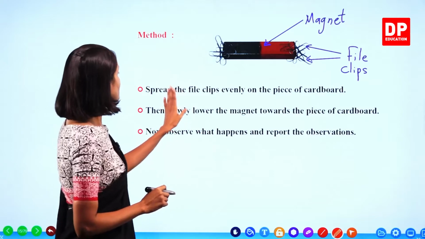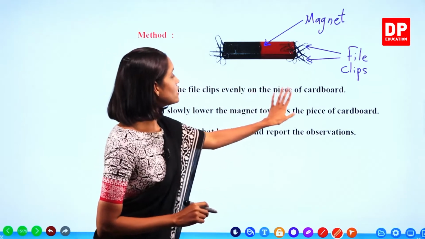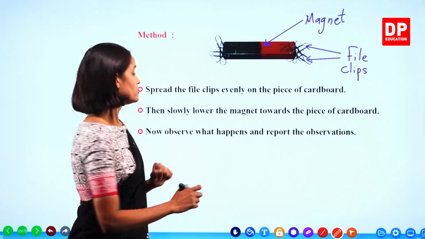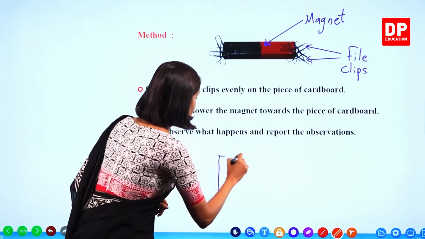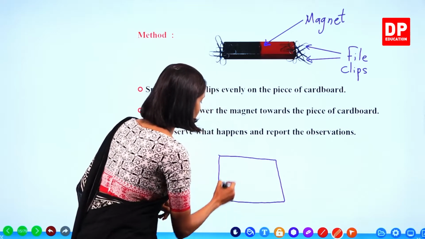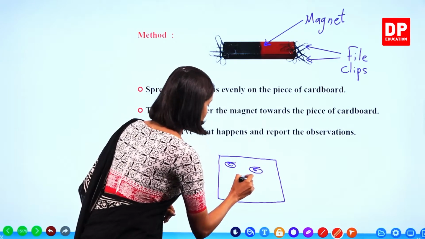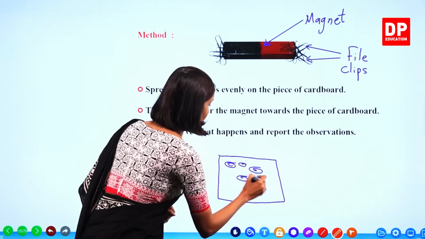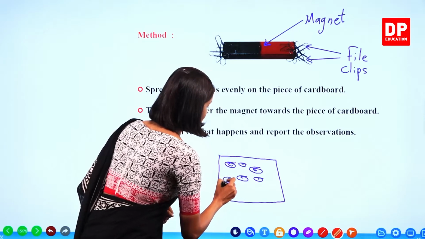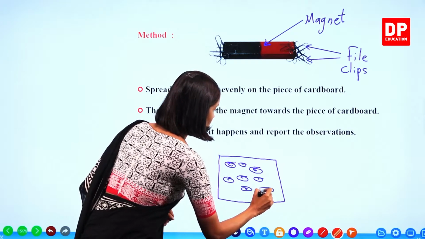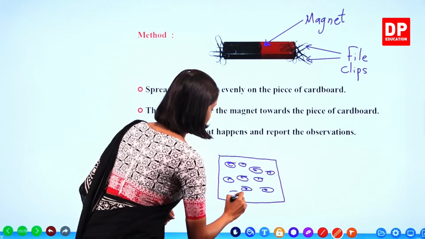Look at the method. Spread the file clips evenly on the piece of cardboard. You have to take the cardboard and you have to spread the file clips like this evenly. Right? Not only at one place, you have to spread the file clips evenly on the cardboard like this.